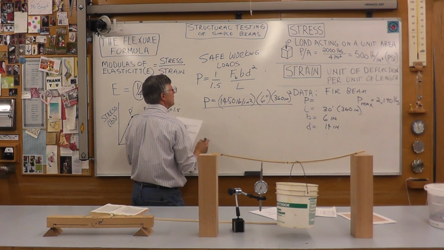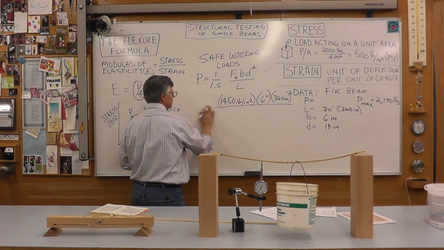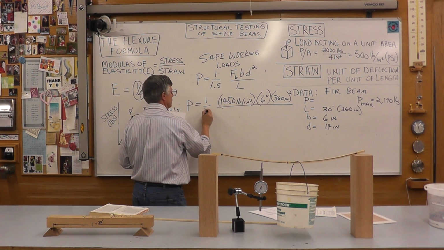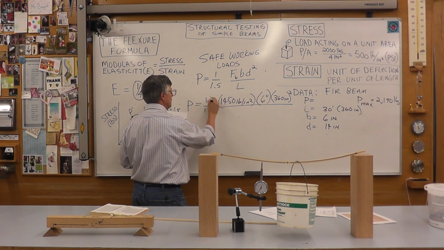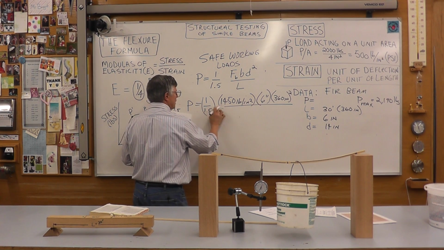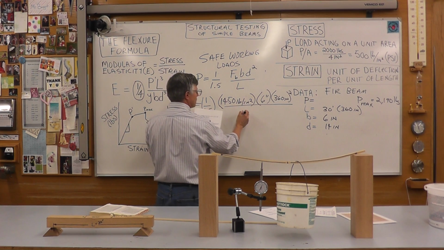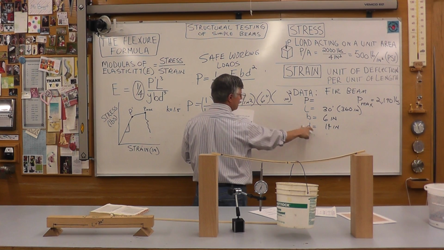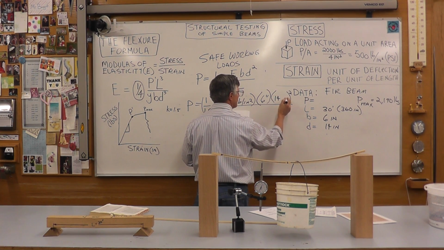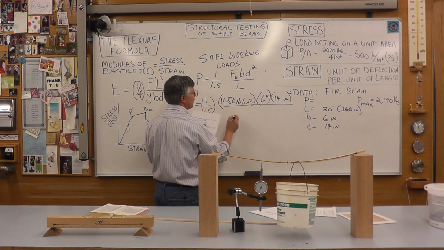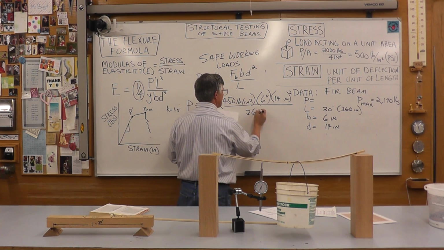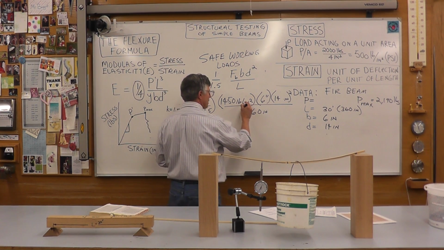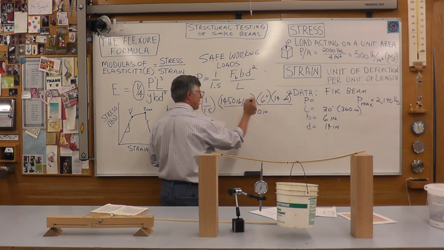So the safe working load would be 1 over 1.5 times FB times B times D squared over L.